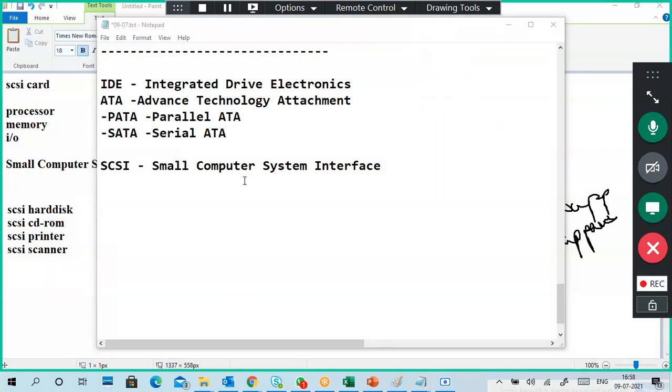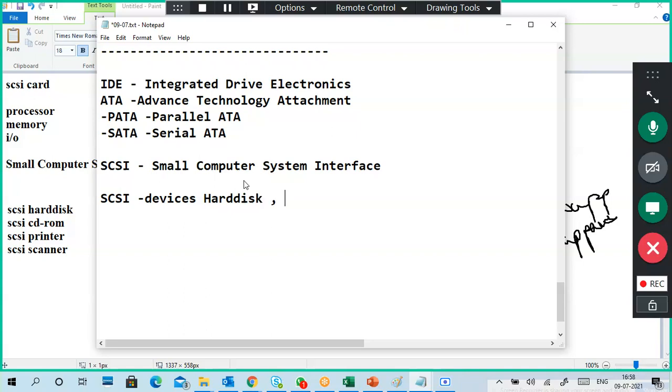Next, the SCSI devices. What are the SCSI devices? Like a hard disk, CD-ROM, or CD writers, SCSI CD-ROMs, SCSI printers, SCSI scanners.